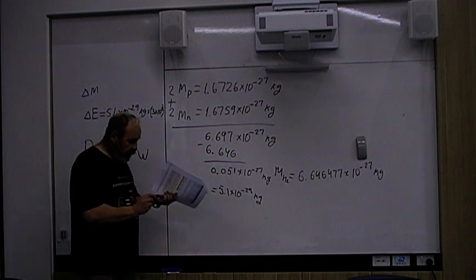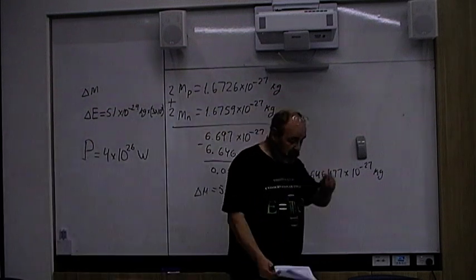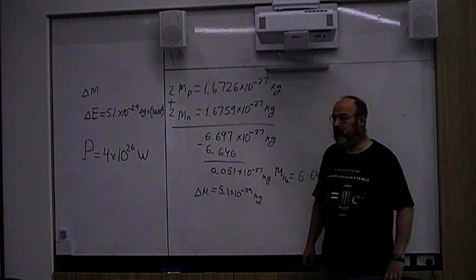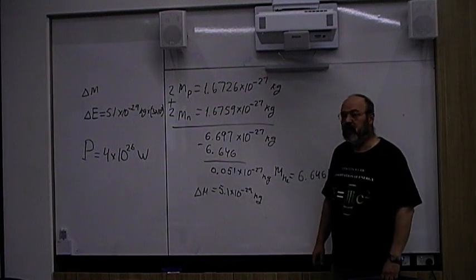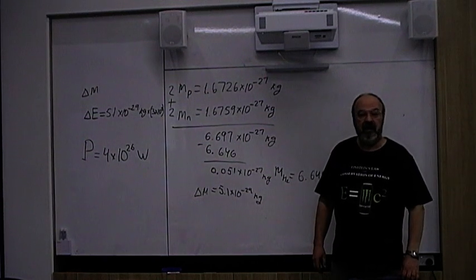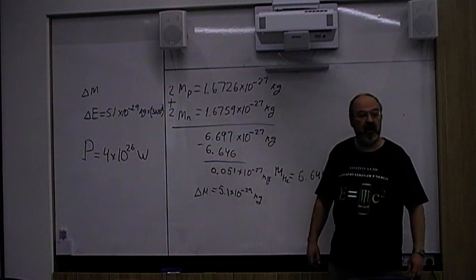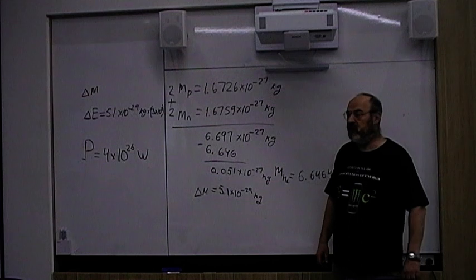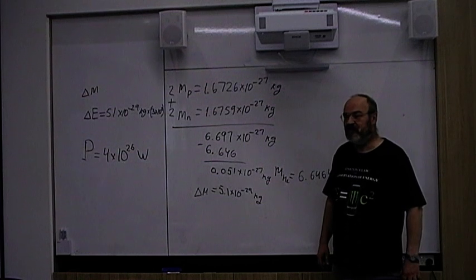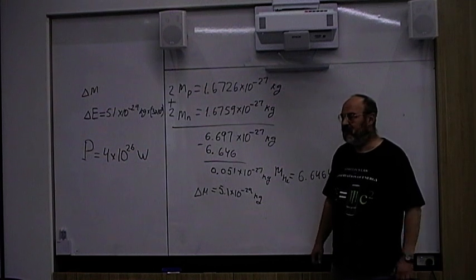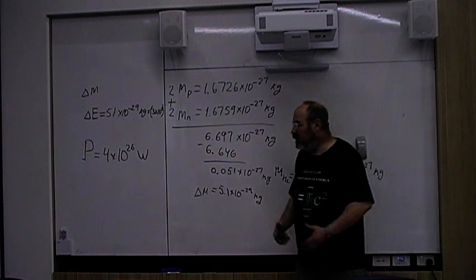How can we measure it? We can actually measure it. Any ideas? How can we measure how much energy, because power is energy per second, the sun releases every second? Not particles, it's electromagnetic waves.